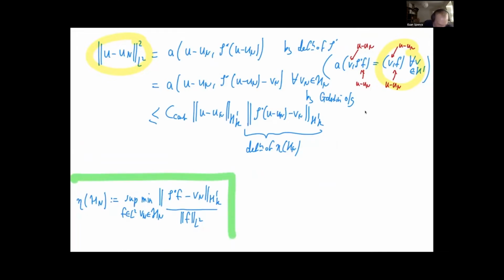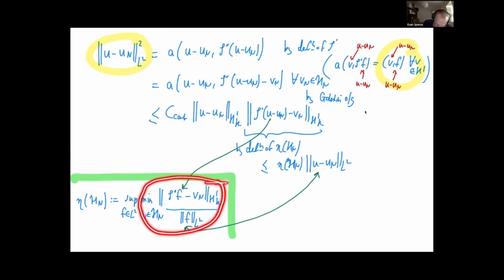This definition of eta implies that this is less than or equal to eta of Hn times the L2 norm of u minus un, because I'm letting u minus un be f. This thing here is less than or equal to eta for all f, so for this particular f of u minus un, this quantity is less than or equal to eta times the L2 norm of u minus un.